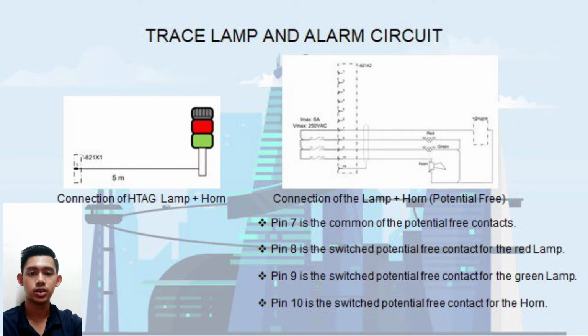As you can see in the connection of Lamp Plus On Potential Free, 4 pins are used, which are pin 7, 8, 9 and 10. Pin 7 is the common of the potential free contacts. Pin 8 is the switch potential free contact for the lamp. Pin 9 is the switch potential free contact for the green lamp, and pin 10 is the switch potential free contact for the horn.